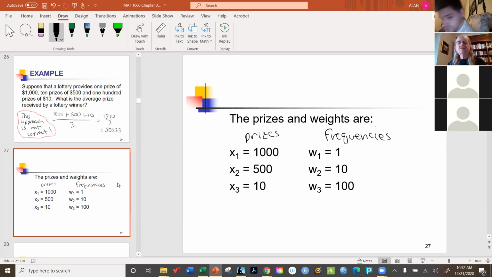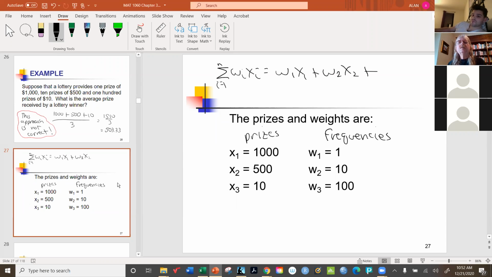Okay, so this number represents how many prizes have that value. These are the values. So in the numerator of this formula, you're literally going to multiply these out. This is W1 X1 plus W2 X2 plus W3 X3.